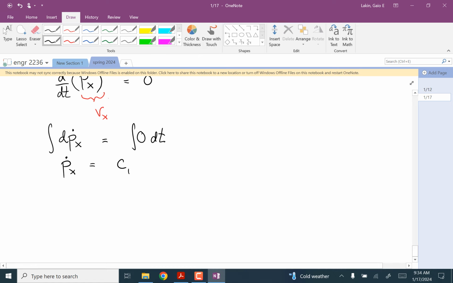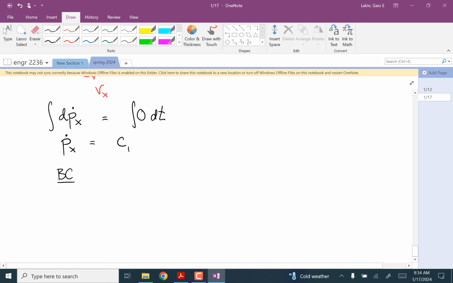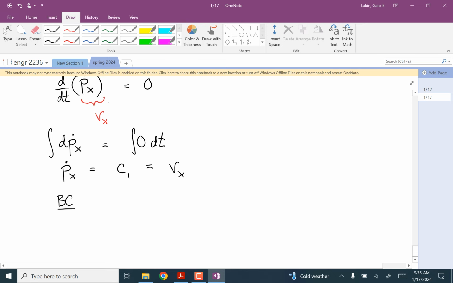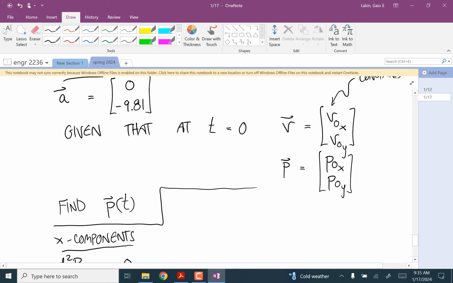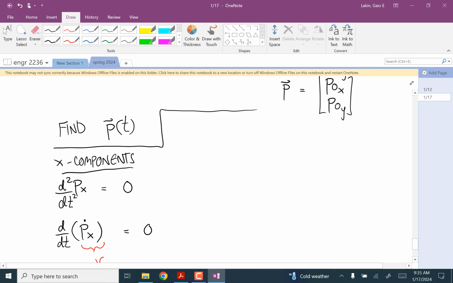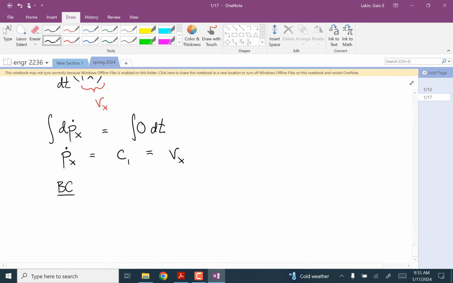Okay, so now let's use the first boundary condition. That says that, so this is equal to Vx. Our first boundary condition says when time is equal to 0, Vx is this constant V0x. So V0x is equal to C1.